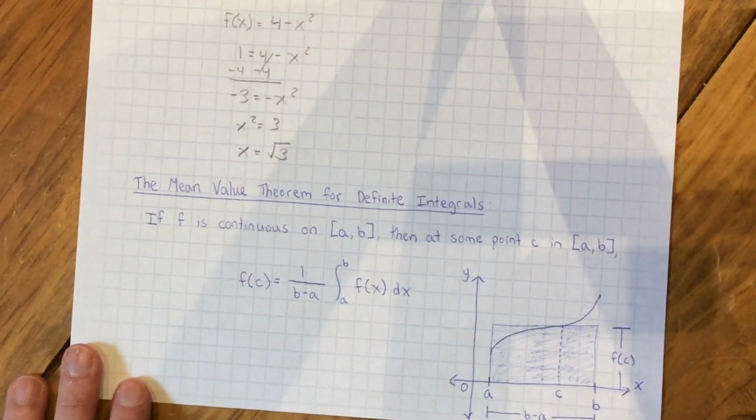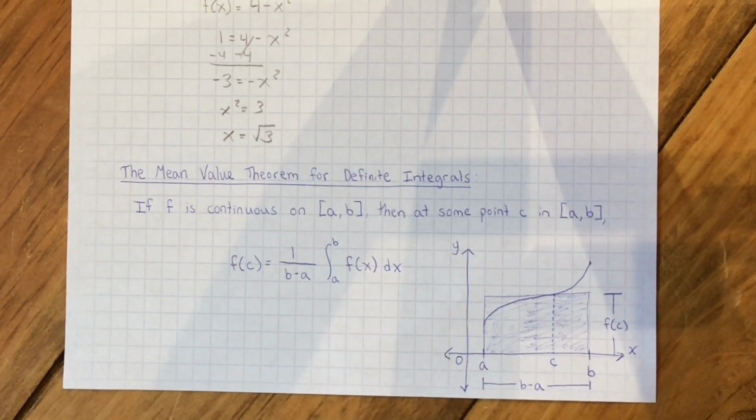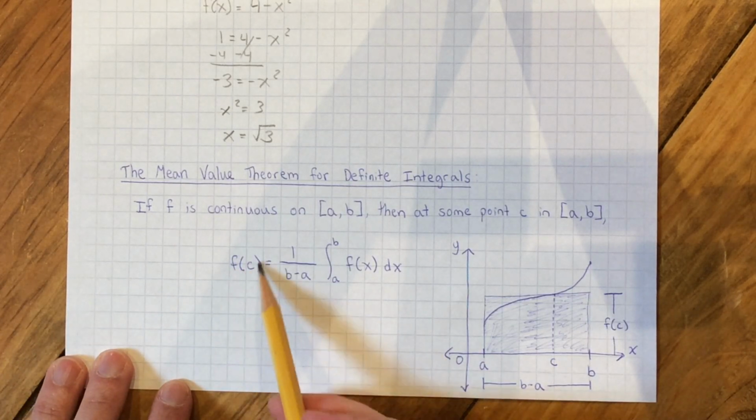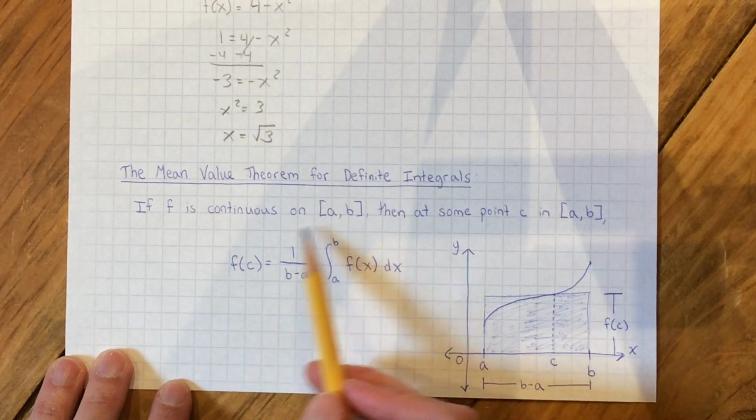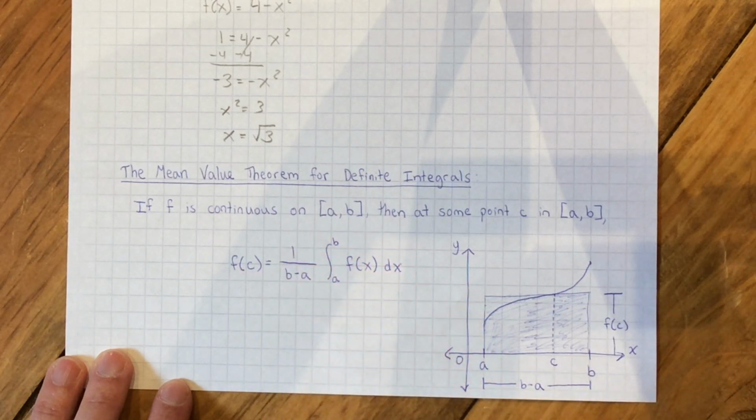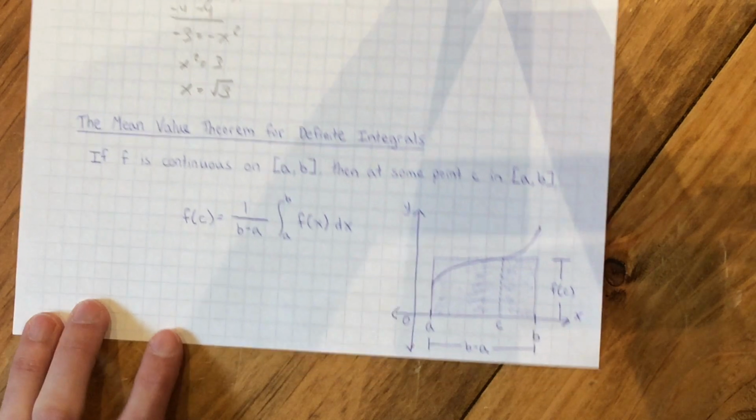Now there's actually a theorem that states that if f is continuous on the closed interval from a to b, then at some point c in a to b, f of c, so the output of that value, is equal to the average of that function. So here's what this is saying.